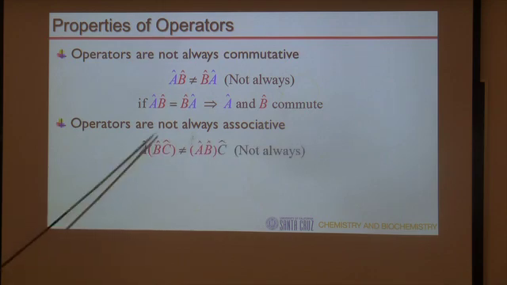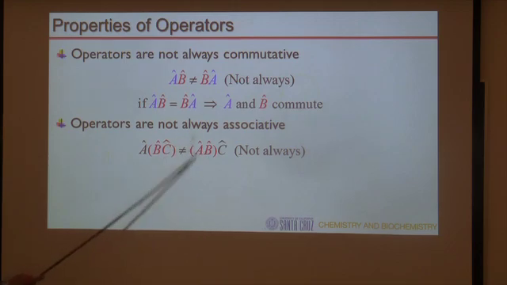So if you have A, B, C together, it's not always equal to A, B together and then C. So this is totally different from the numbers or from the multiplications you learned in math. Do not try to switch the position. Do not try to combine different parts.